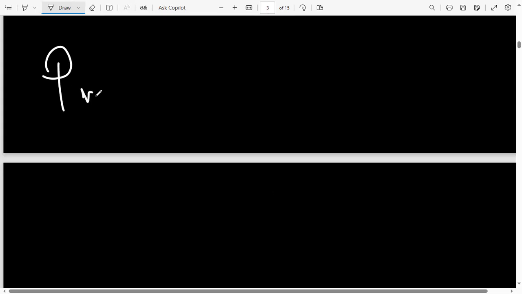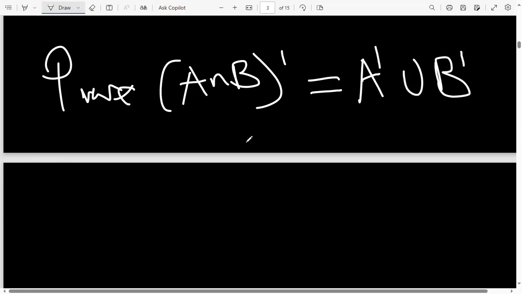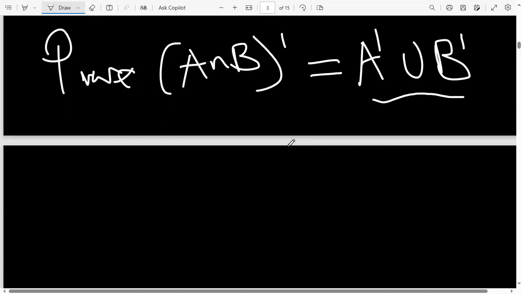We are proving that A intersection B complement is the same as A complement union B complement. So we want to prove that this guy here is the same as this guy. I said we are going to do what we call a two-way proof.